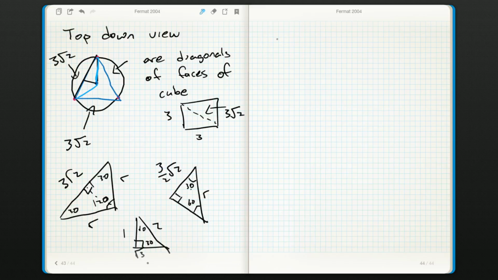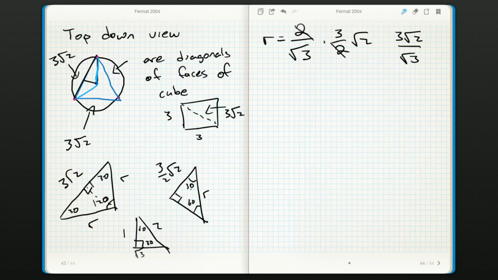So R is going to be 2 over root 3 times this amount. Yes. Okay. So the 2's will cancel out, and then we'll have 3 root 2 over root 3. I think I'm going to simplify that just to root 6. Okay.